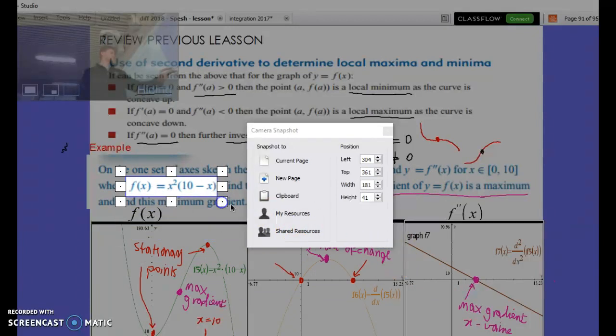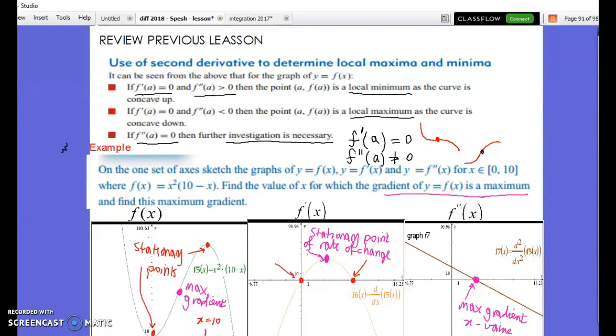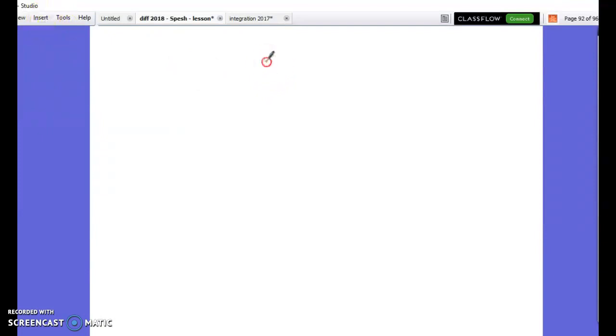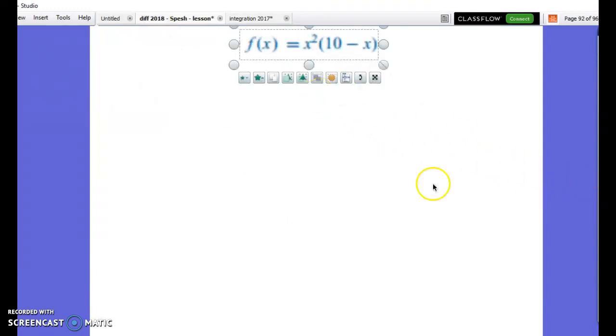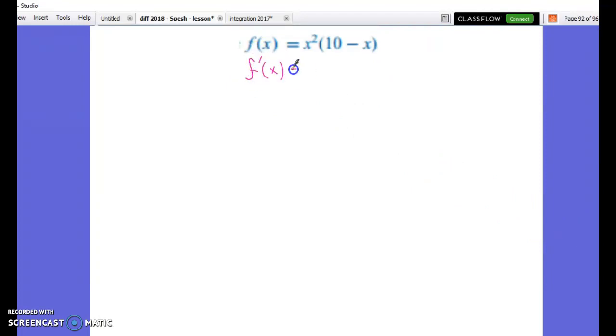So, what should that become? 10 on 3, is it? Well, that was the function there. We can see the gradient function is, first off, you can treat it as an expansion, and you get 10x squared minus x cubed.